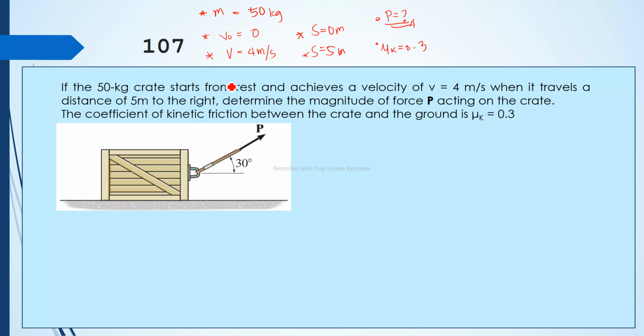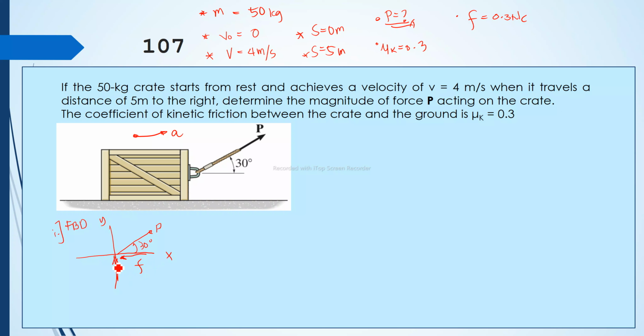Now the motion or acceleration is towards the right. So if we draw an FBD for this one, this is our x, this is our y. We have a force P at 30 degrees. And then we have a friction F equal to 0.3 times the normal force, so we have a force F here.